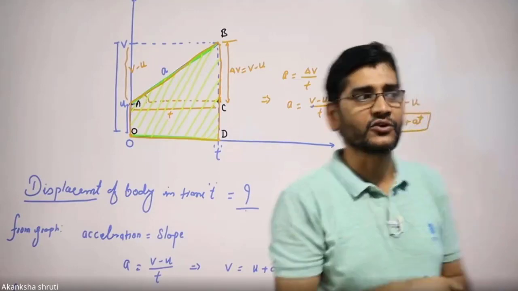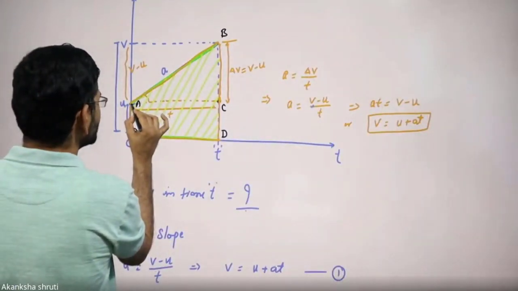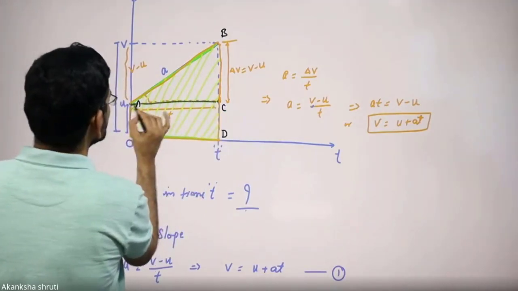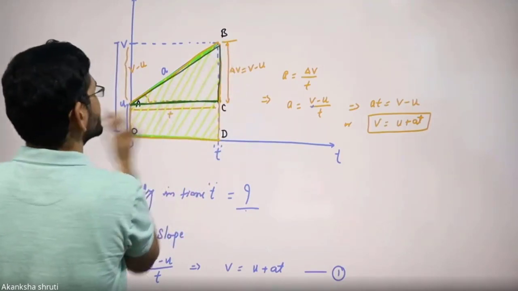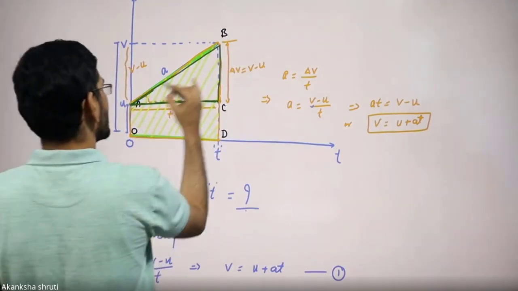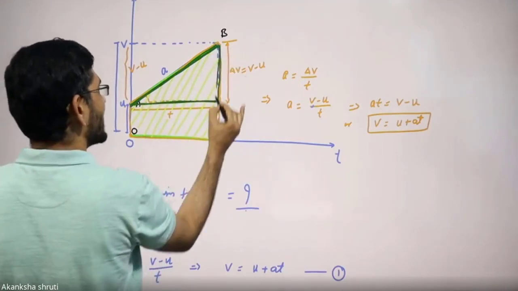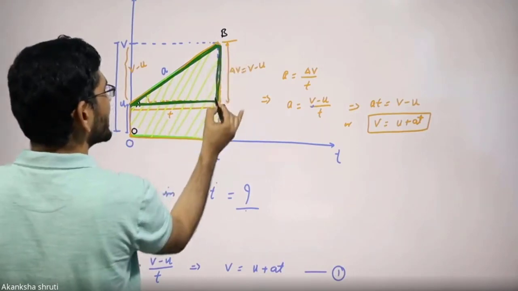That is the only concept. For that, here I may divide this into two areas. One is the area of this triangle, and another is the area of the rectangle.